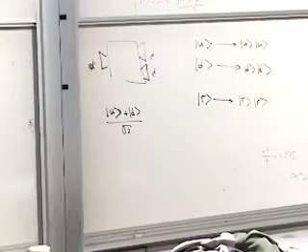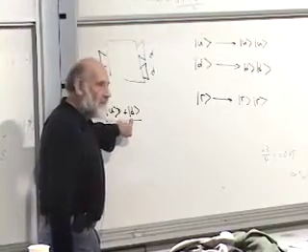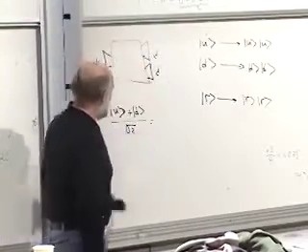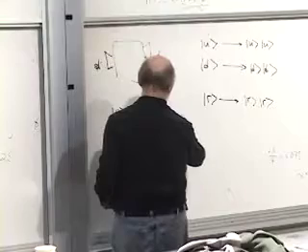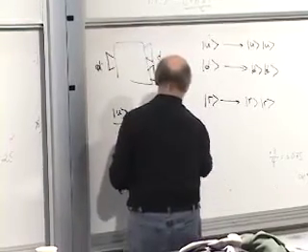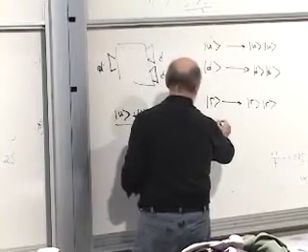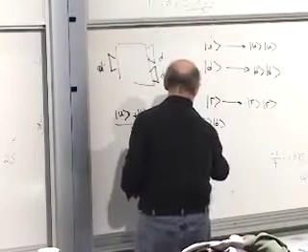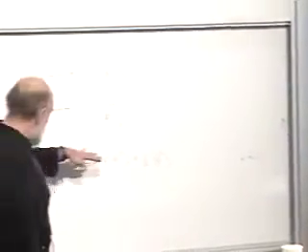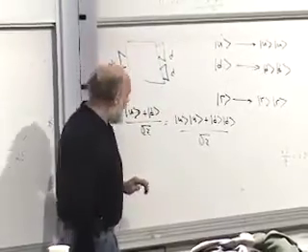If the evolution is linear like this, then that already tells me what I get if I put in up plus down. Well, if I put in up, I get up, up, and if I put in down, I get down, down, over square root of 2. So the linearity of quantum mechanics, the fact that the evolution of states is linear, already tells me what I get if I put in up plus down. I don't have any choice.